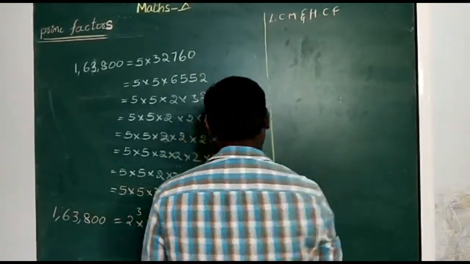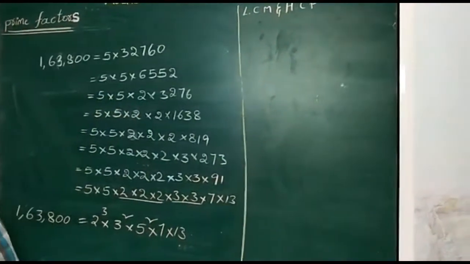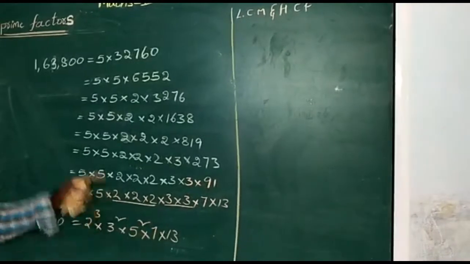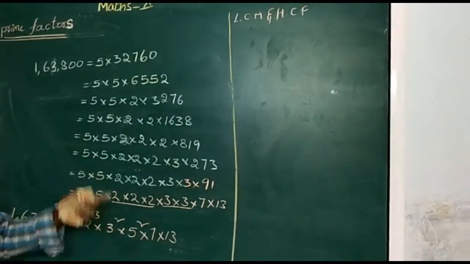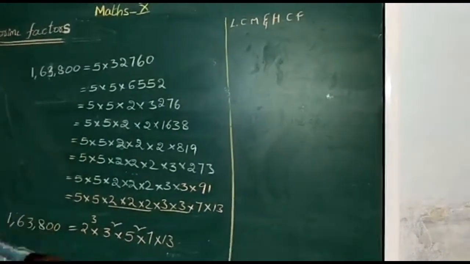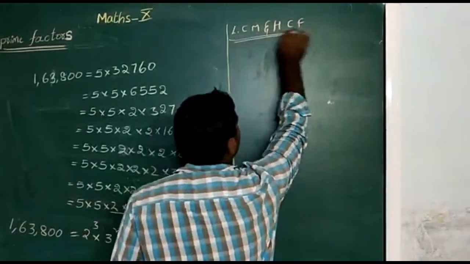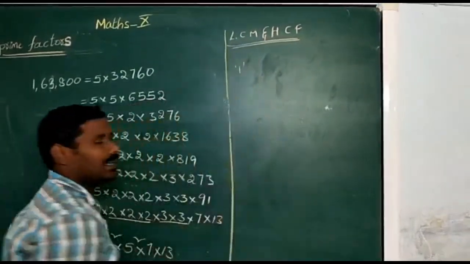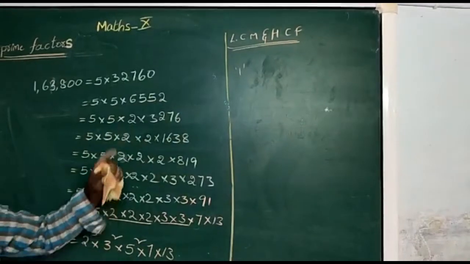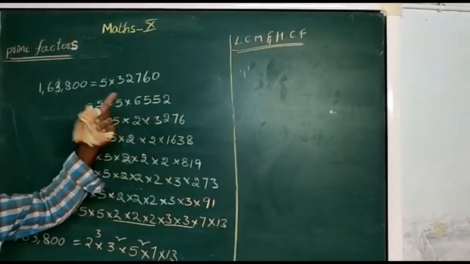Find the LCM and HCF of any 2 or 3 numbers by using the prime factorization method. Before going to this, 1 is neither prime nor composite. 1 is not a prime and not a composite number.